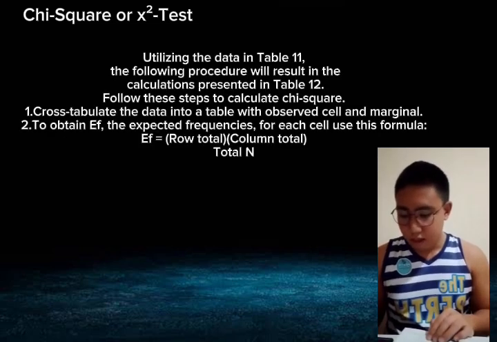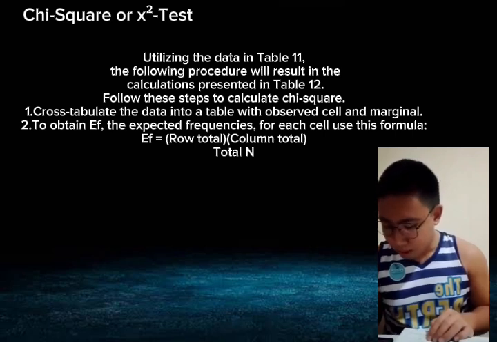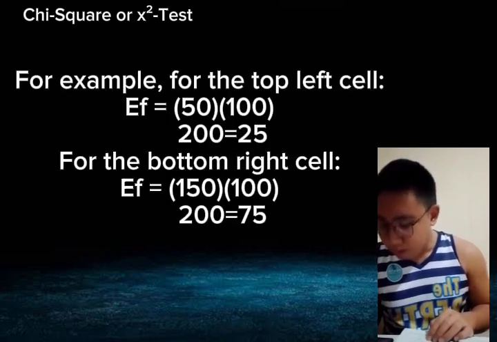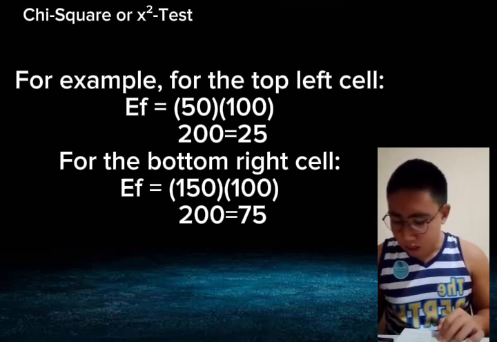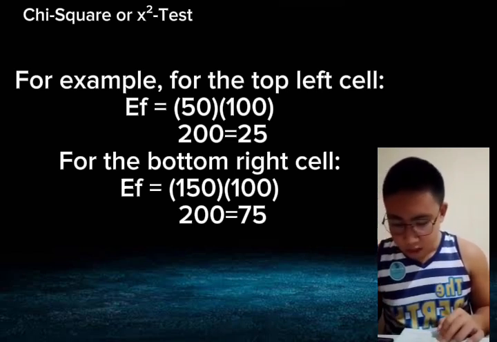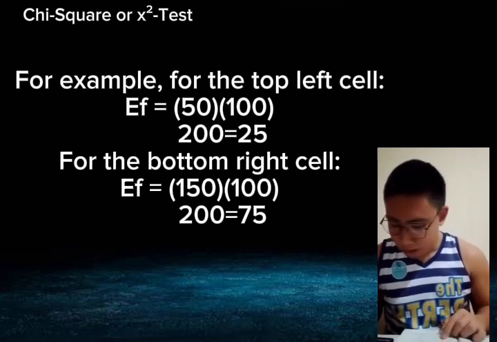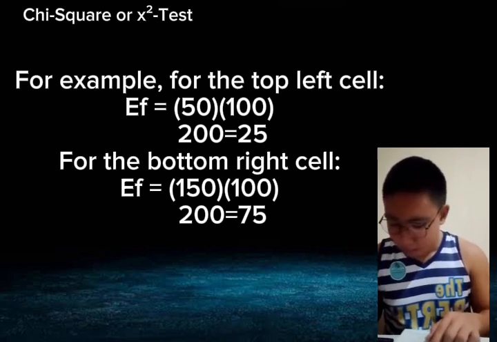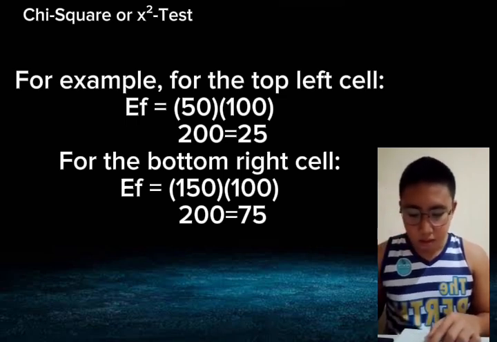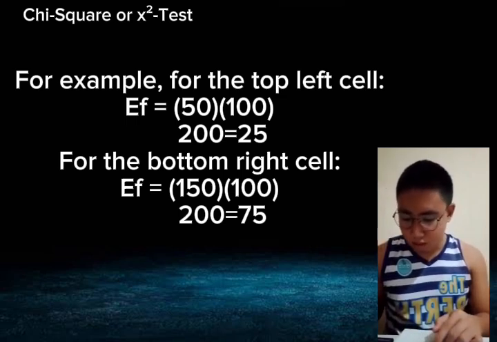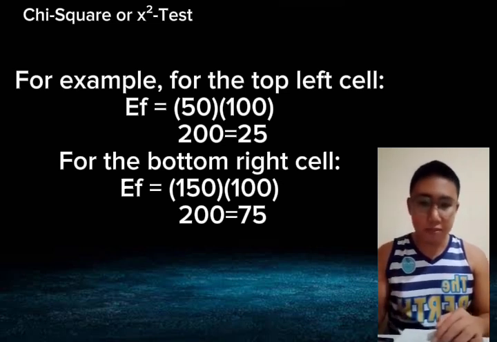Utilizing the data in table 11, the following process will result in the values presented in table 12. For example, for the top left cell, the expected frequency is 25, because 50 times 100 divided by 200 equals 25.